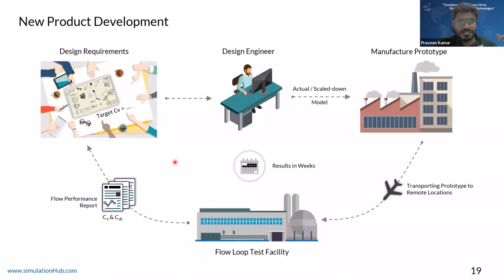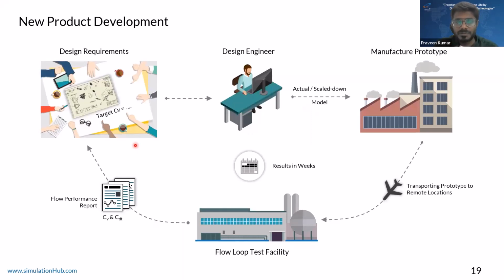Once you get the response for your first design, let's say the report says your CV doesn't meet your target CV. So now you have to do some design modifications and repeat the entire process again until you match your target CV. So there will be multiple design iterations and it doesn't end there.